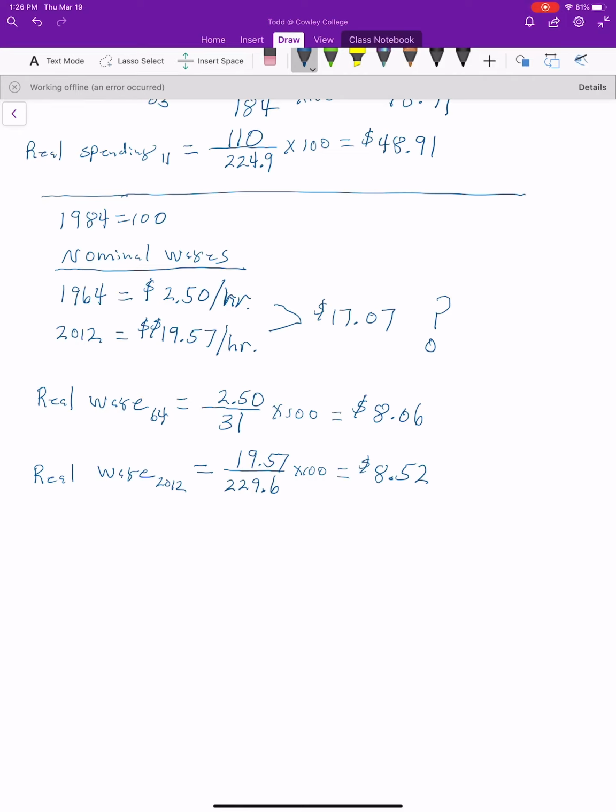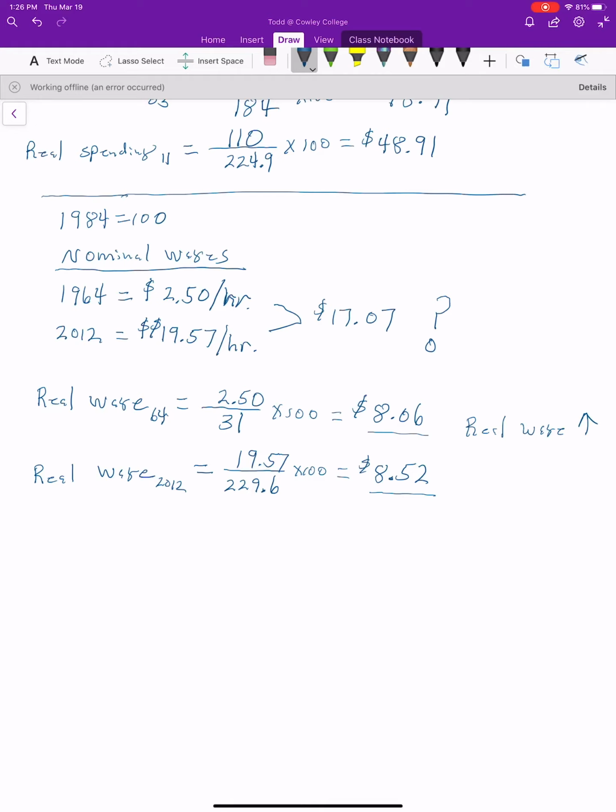Number one, the real wage did increase. The real wage did increase because we were making $8.06 per hour, and now we went up to $8.52 per hour. So the real wage did go up. We're better off than what we were in 1964.